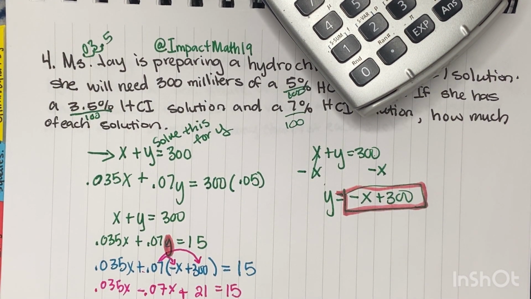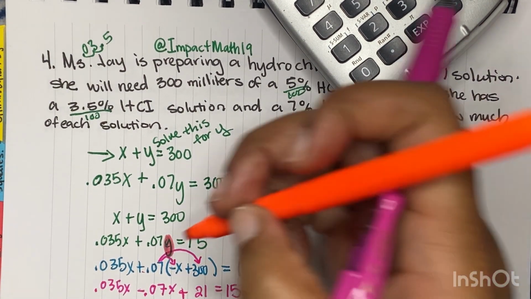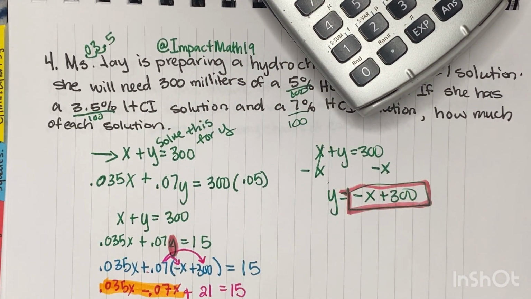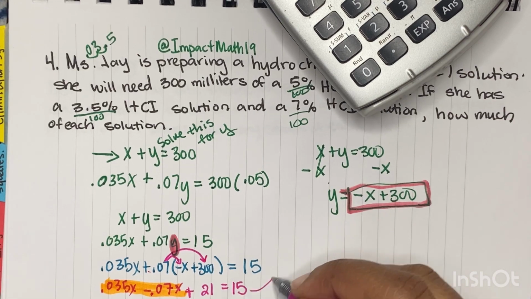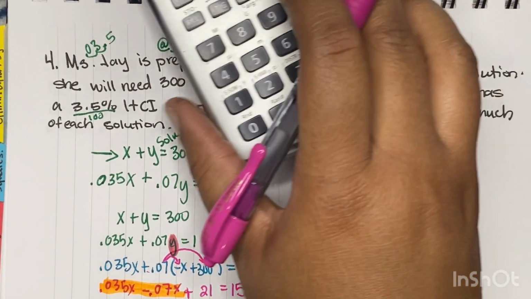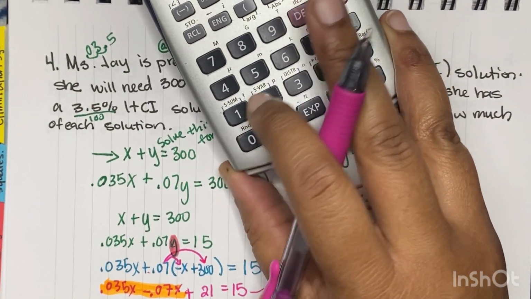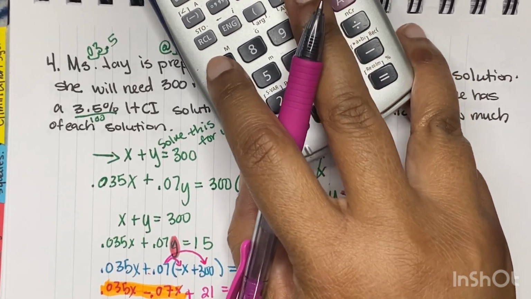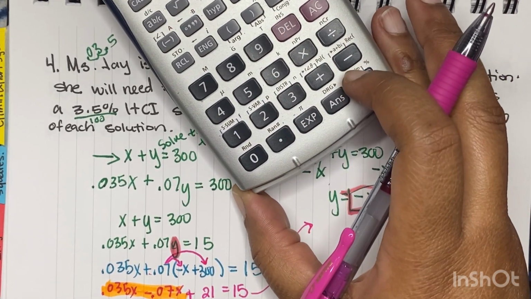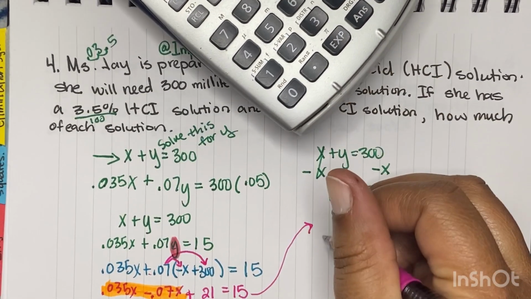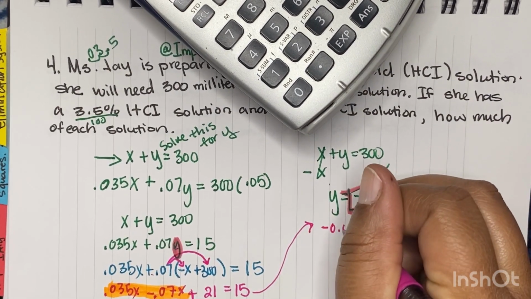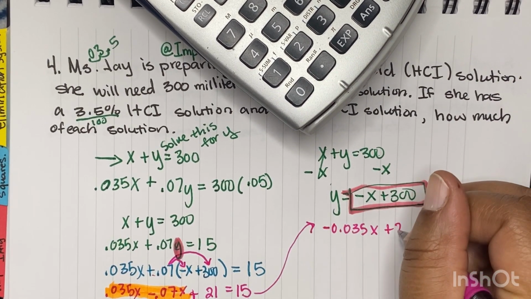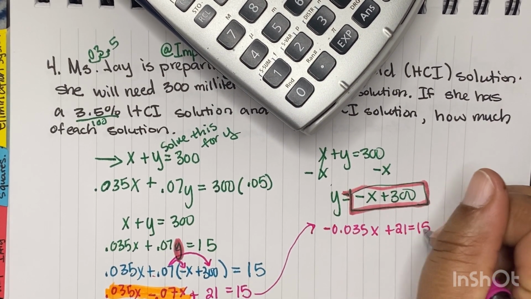All right, we have some like terms here. So we're going to combine this. I'm going to move it up here. So 0.035 minus 0.07 is going to be negative 0.035x plus 21 equals 15.